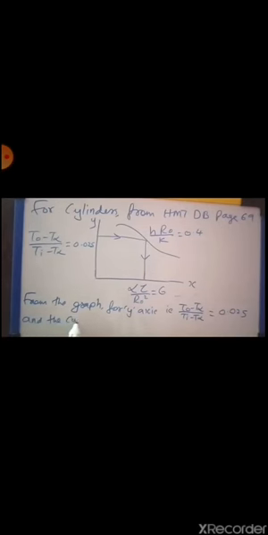When we extend that line, it will touch the curve, that is HR0 by K is equal to 0.4 curve. From that point, we have to extend that line towards the x-axis. We get alpha tau by R0 square.